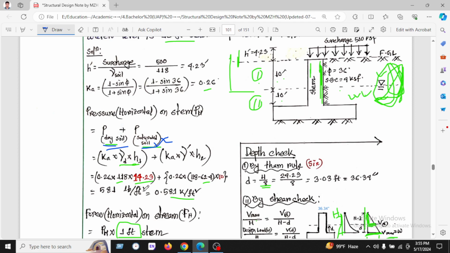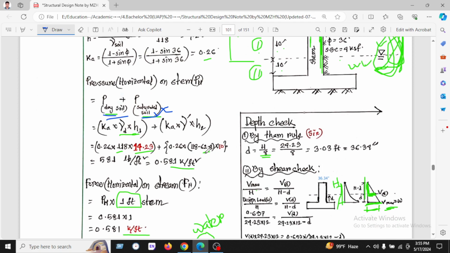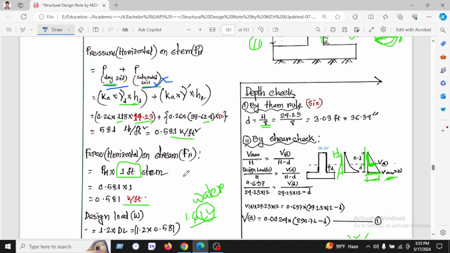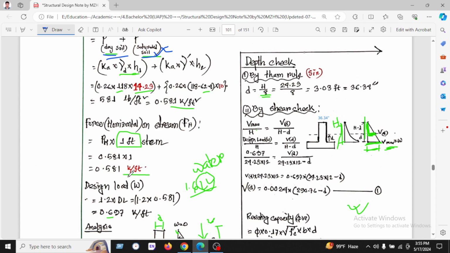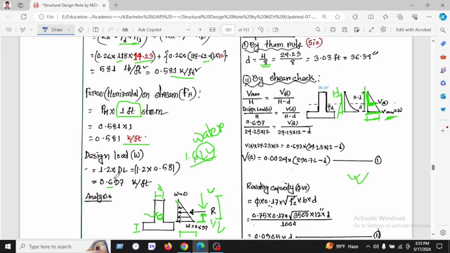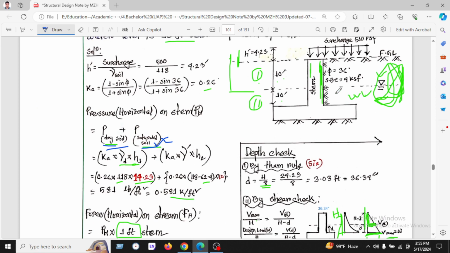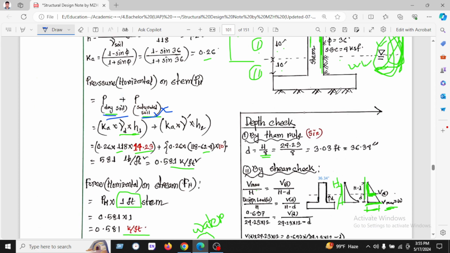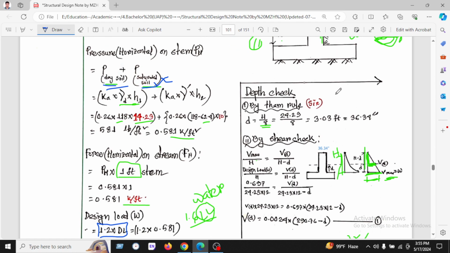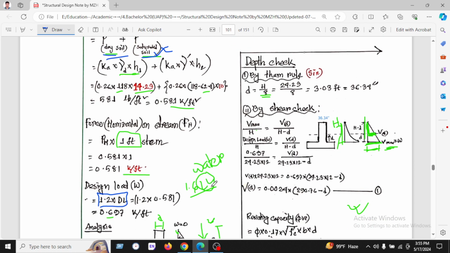So this is our pressure, and putting in this value we found 0.518 kips per feet square, but we will multiply by 1 foot as we take a 1 foot strip. That's why we found 0.58 kips per foot, and the design load will be 1.2 dead load only, because the soil is resting. If there is no soil or we calculate only a dam, then we can use 1.6 into live load, where the live load comes from water.